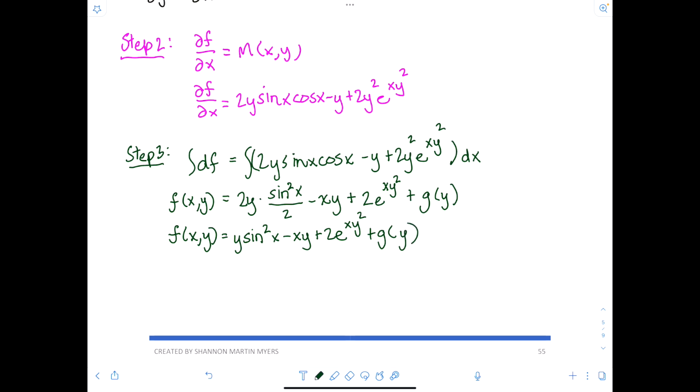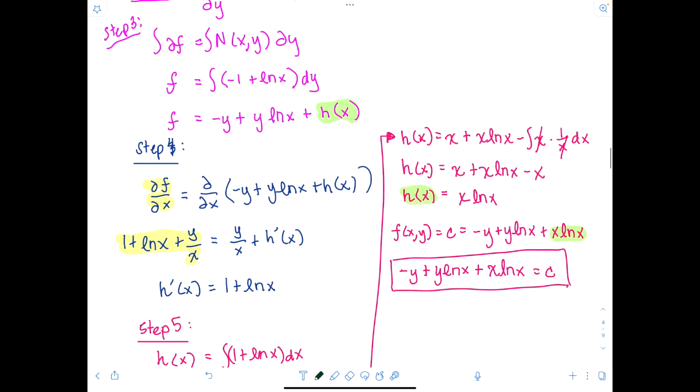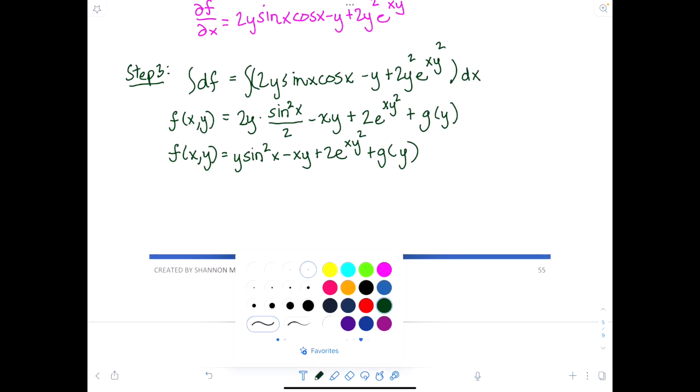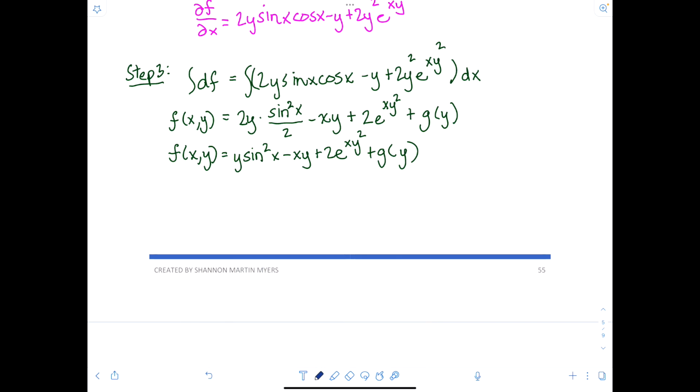And now we are on to our step 4. Exciting, exciting. What color did I do step 4 in? Blue. Perfect. All right. So for step 4, we now need to differentiate, find the first partial of f with respect to y, so that we can start finding g at y.